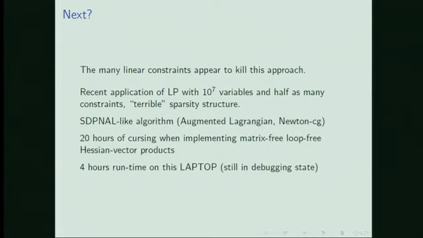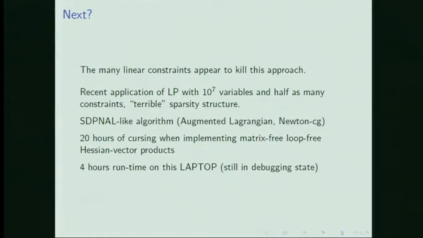There are 7 types of constraints, each of which had a terrible sparsity structure. We have implemented the whole thing matrix free, so the matrix has never been set up. It is also loop free, so in MATLAB we don't use any loops, and that was horrendous work. But now it runs on a standard laptop in about 4 hours, though it's still in a debugging state.